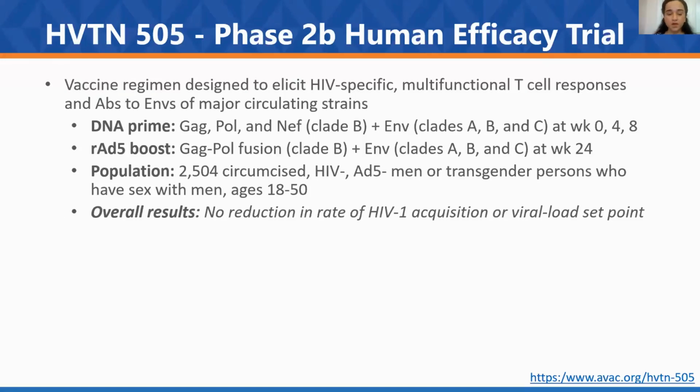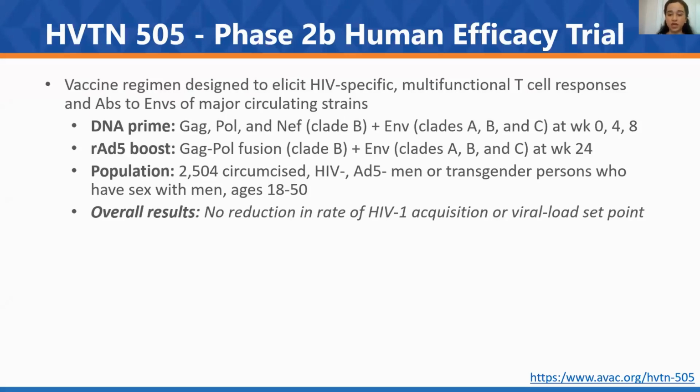So just to give you a brief overview, the HVTN 505 efficacy trial tested a vaccine regimen designed to elicit HIV-specific multifunctional T-cell responses and cover major circulating strains. There are basically three things that you should remember here. There are a total of 4 boosts for this vaccine.